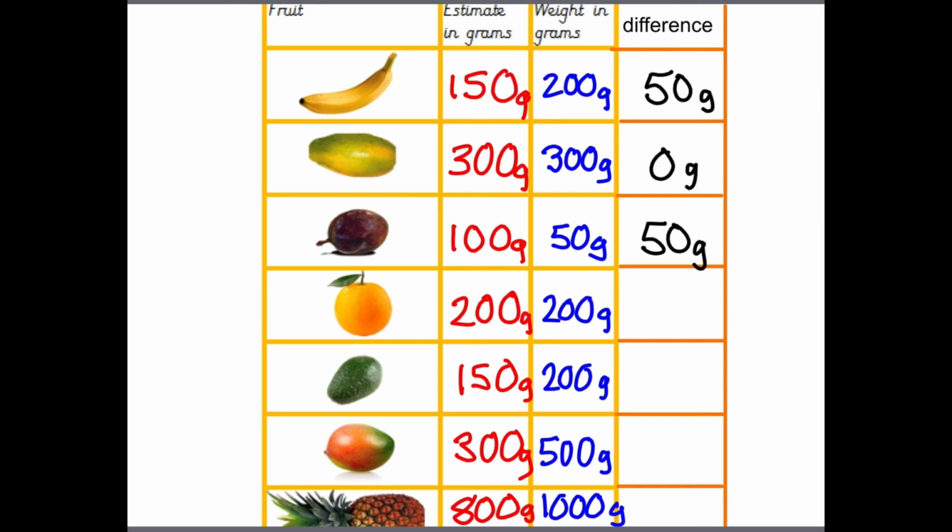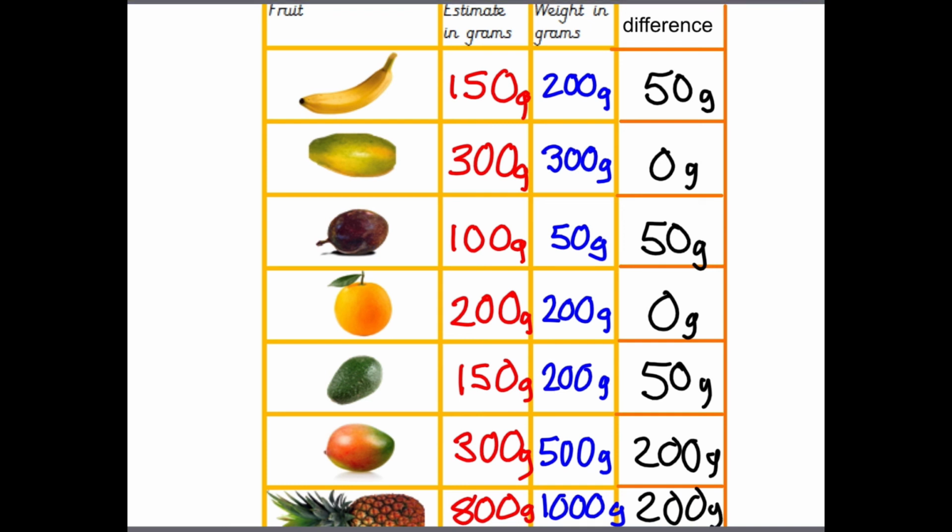So 50 and 50 makes 100. 50 and 150 makes 200. This one was correct as well. So that's 0 difference. This one was another 50 difference. And this one was 300, 400, 500. This one was 200 away. And this one, 800, 900, 1000, that was 200 away.